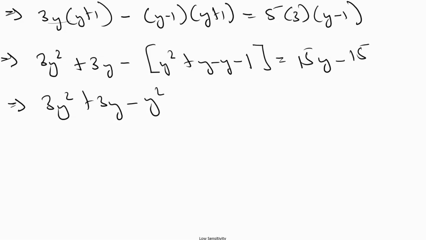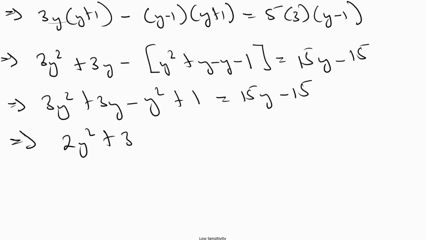Minus minus becomes plus 1, equals 15y minus 15. So 3y squared minus y squared becomes 2y squared, plus 3y, plus 1 equals 15y minus 15.